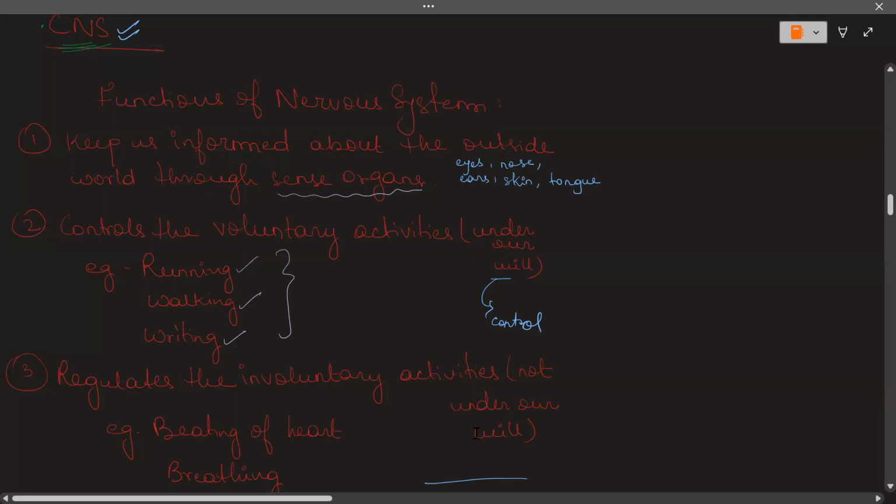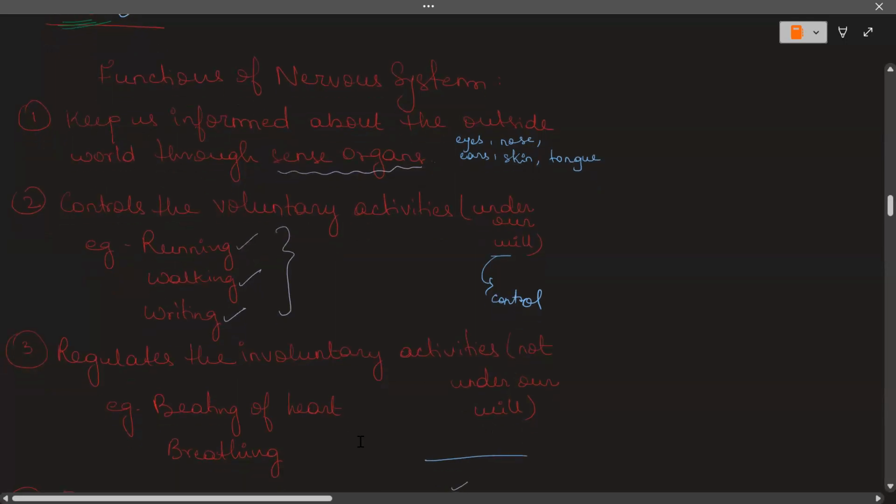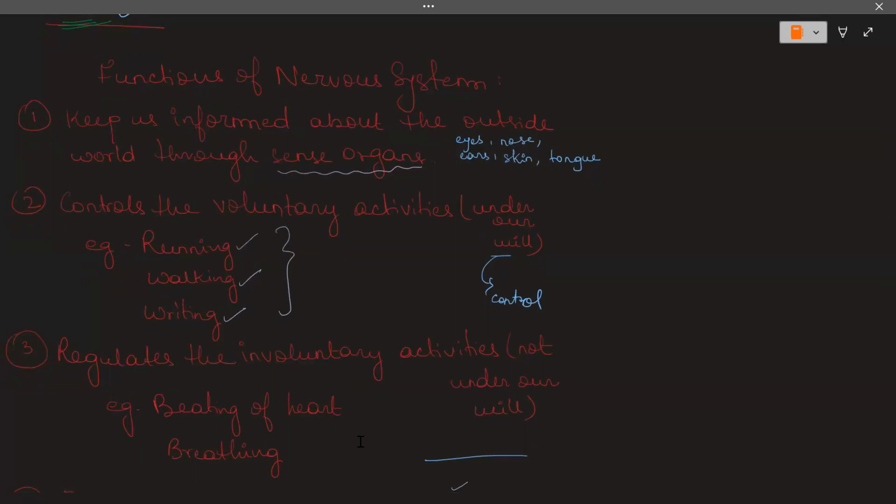Very good. Exactly. So these are the sense organs, and the nervous system keeps us informed. For example, we can see with our eyes, hear with our ears, smell with the nose, feel with the skin, and taste with the tongue. So we are informed about the outside world with the help of these five sense organs.